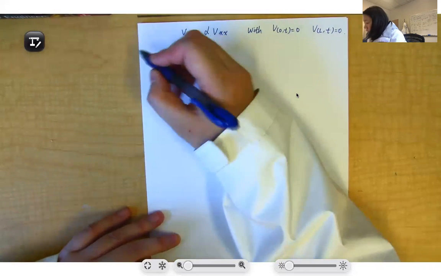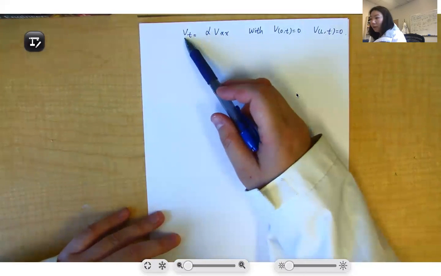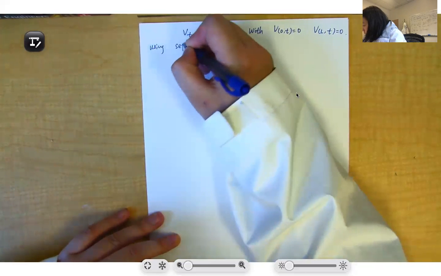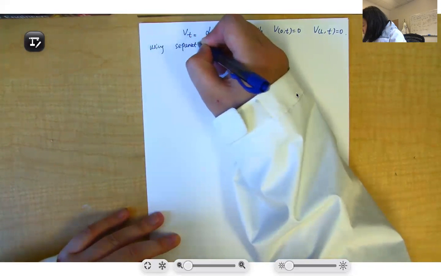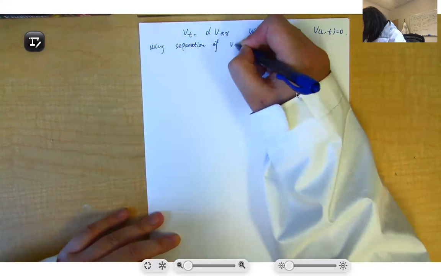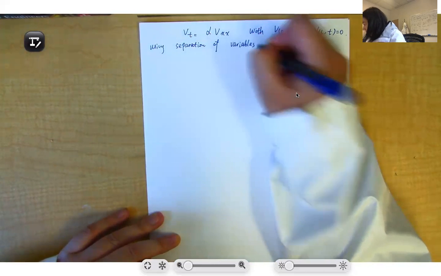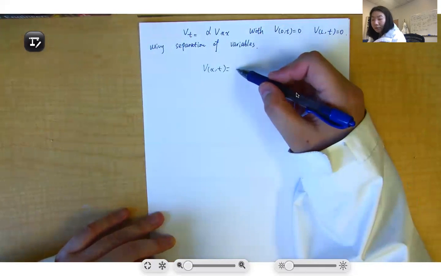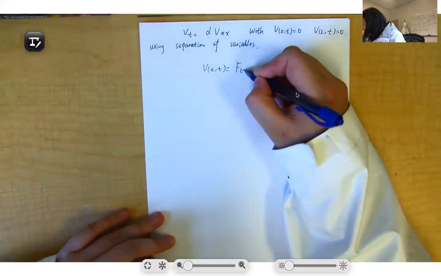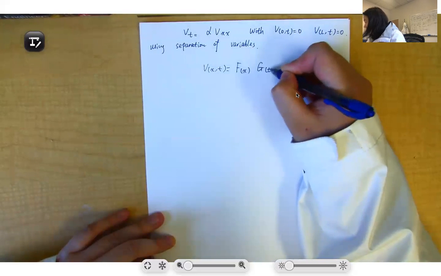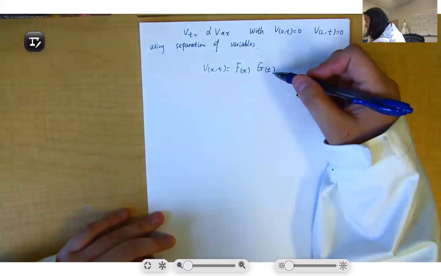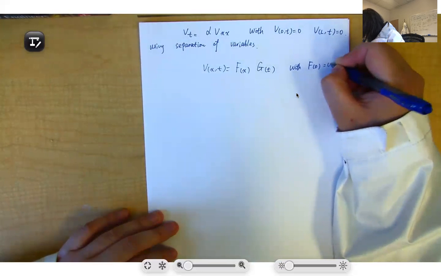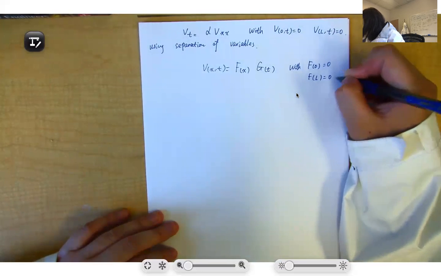And now we are trying to get this V function using separation of variables, where V(x,t) equals some function of only x, f(x), times some function of only time, g(t), with f(0) equals 0, f(L) equals 0.